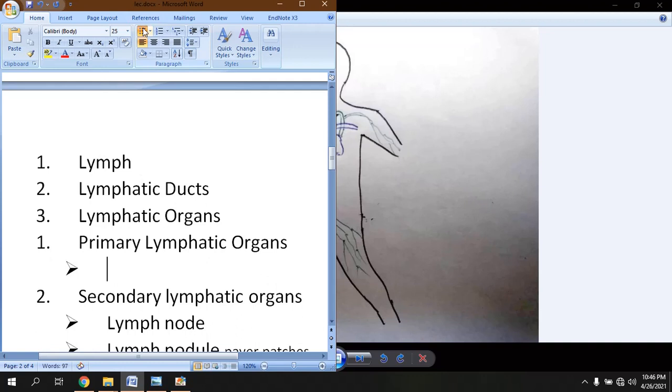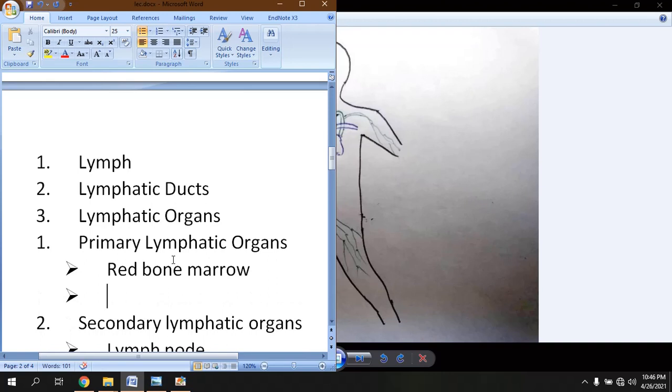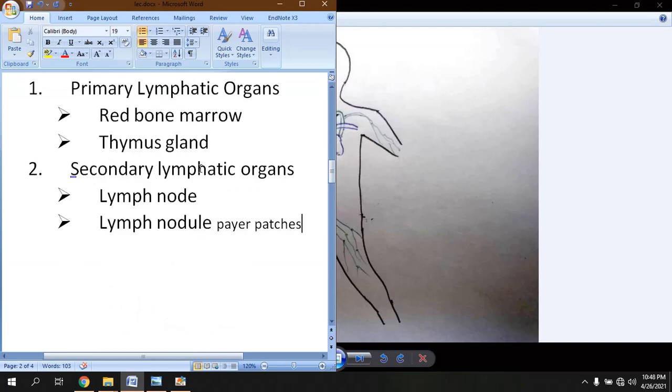Which are the primary lymphatic organs? The primary lymphatic organs are the red bone marrow, which you can also simply call bone marrow, and the second one is the thymus gland. The secondary lymphatic organs are the lymph nodules and the spleen.